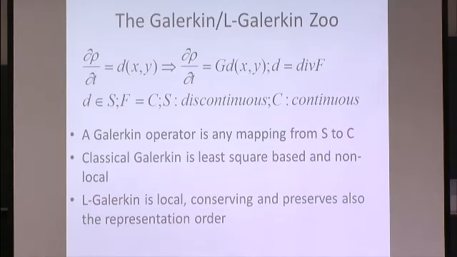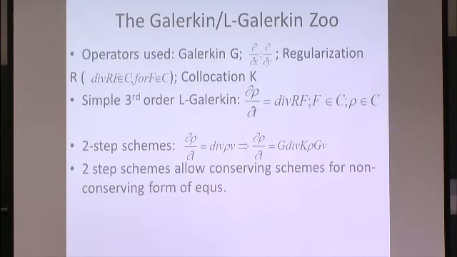Representation order is the order of the polynomials. The order of your scheme can be very much higher, but I'm not so interested in it because this higher order, which is called superconvergence, can break down in situations, and that is so. Then here you have more things to do. The operator is a Galerkin operator, and I tend to use the local one.